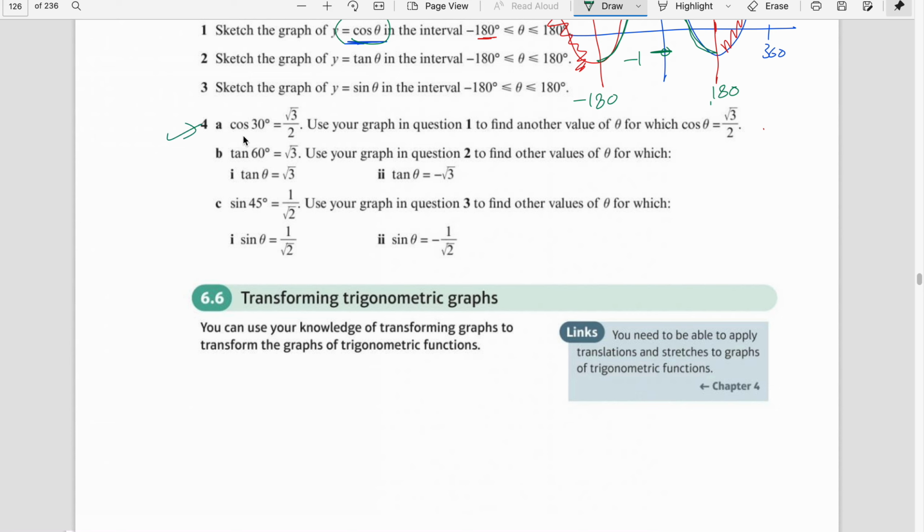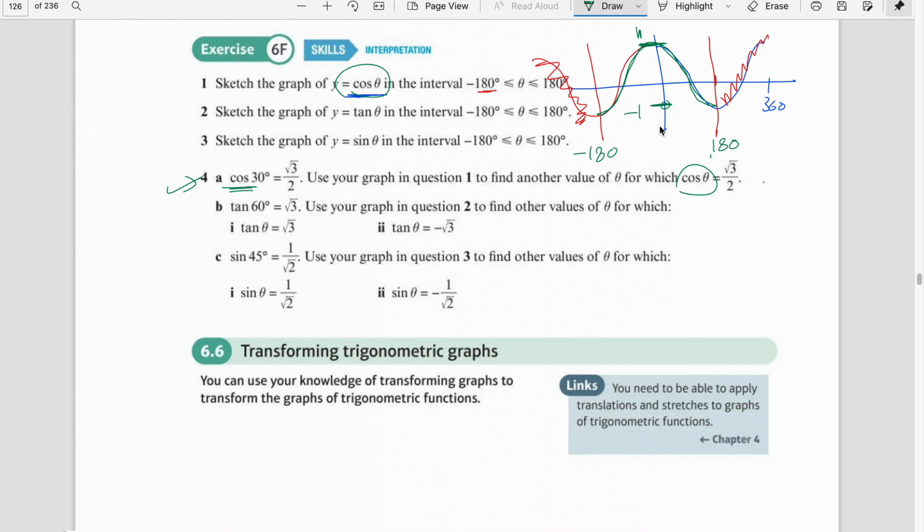Question number 4a. Cos 30 is equal to square root 3 by 2. Use your graph in question 1 to find another value of theta. So cos theta is equal to square root 3 by 2.